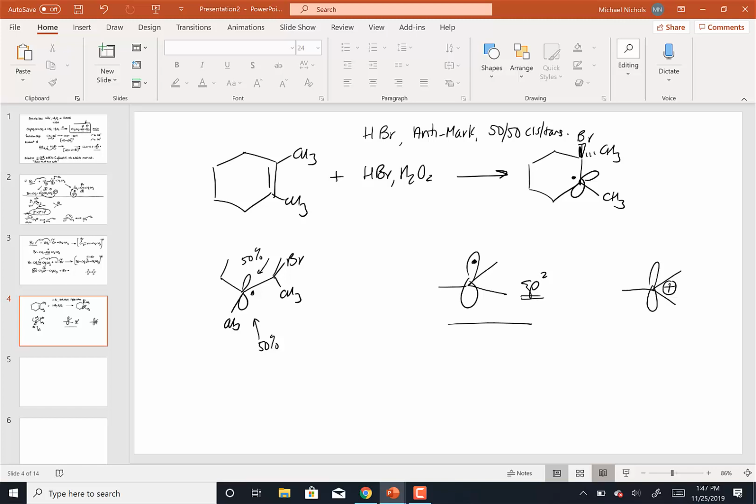So what we really need is a table of reagent, what is it adding, how is it adding it, Markovnikov, anti-Markovnikov. A third column, how is it adding it, 50% cis, 50% trans. And we kind of need a fourth column that I call notes.